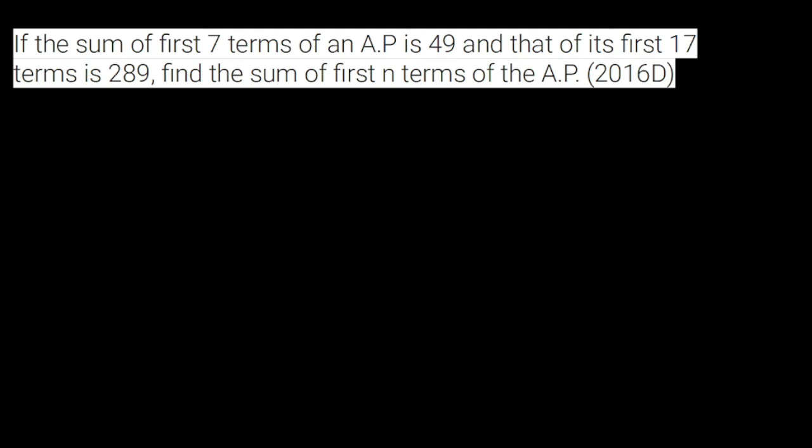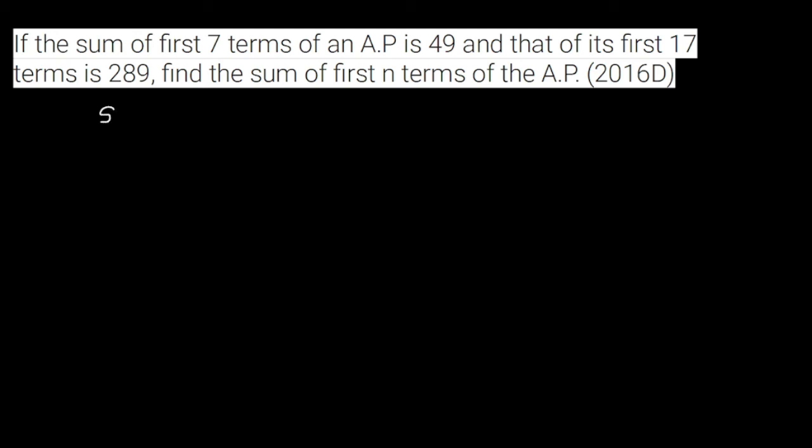Now the question is, if the sum of the first 7 terms of an AP is 49 and that of its first 17 terms is 289, find the sum of the first n terms of the AP.